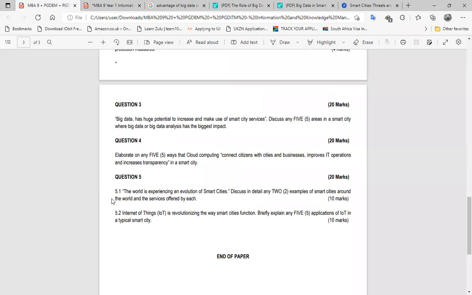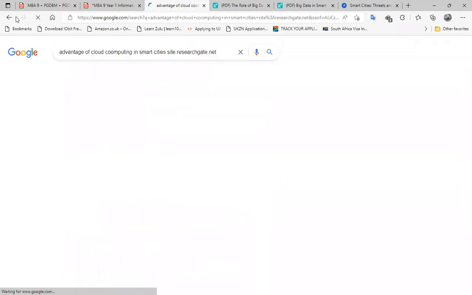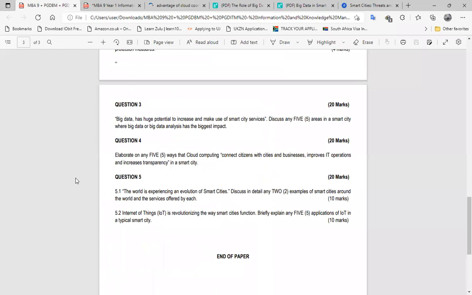It's more like we're talking about the advantages of cloud computing in smart cities. Remember, we're talking about a smart city.